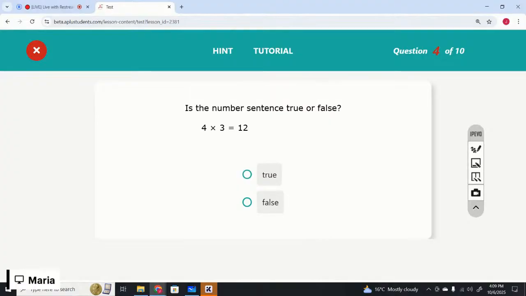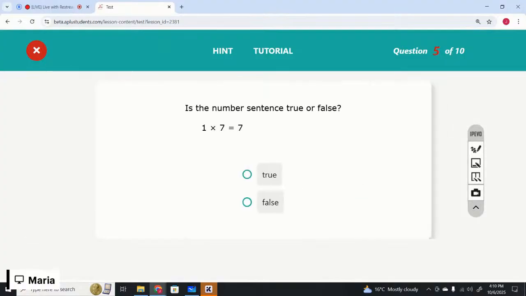Is the number sentence true or false? 4 times 3 equals 12. Is it true or false? True it is.